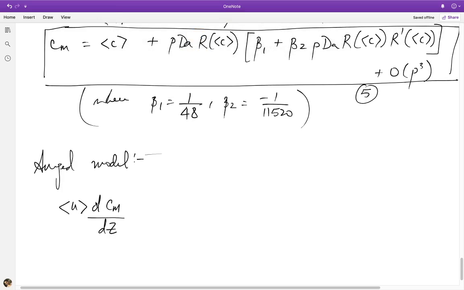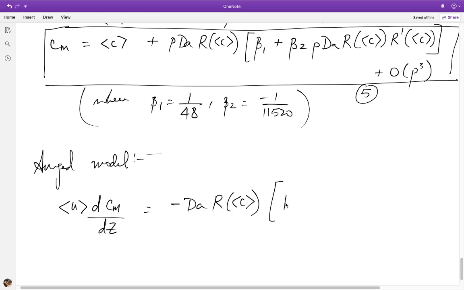So now it's an ODE model, so I use the total derivative because Cm only depends on Z. I'll have no radial variations in this model because those have been averaged out, of course. So you see the cup mixing average is here and the cross section average is here, but I know the relation between these two using equation 5.